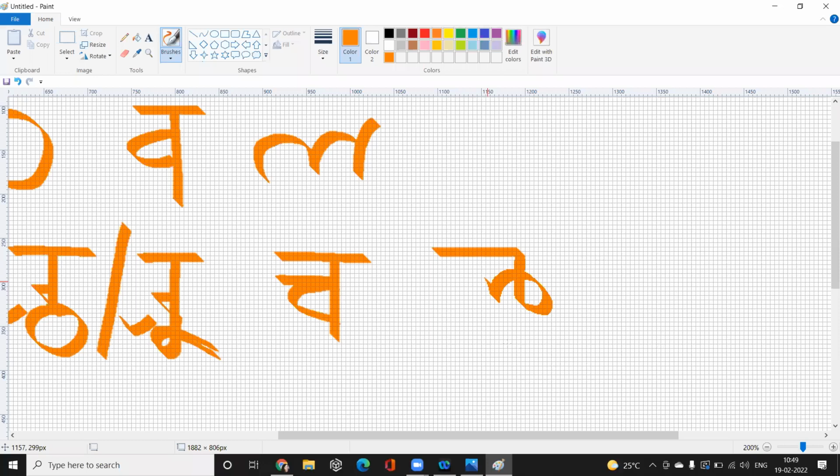You must have done it in the conjuncts also. With na, ra, you must have seen how it merges with other letters when written as a conjunct. In case of ra also, this is how it merges with ra. Just a straight line, and with the straight line, you merge this ra. So this is ra written with the letter ra.